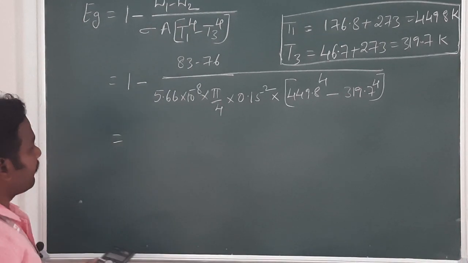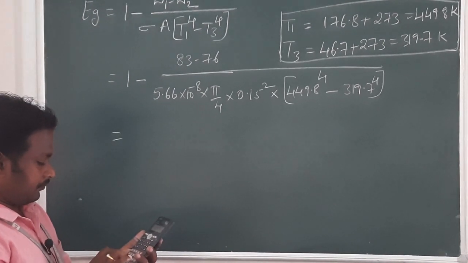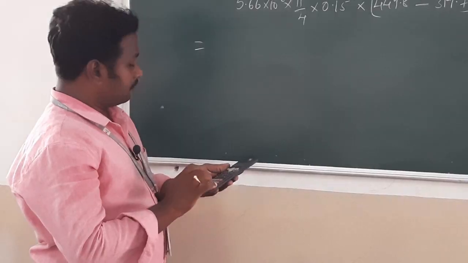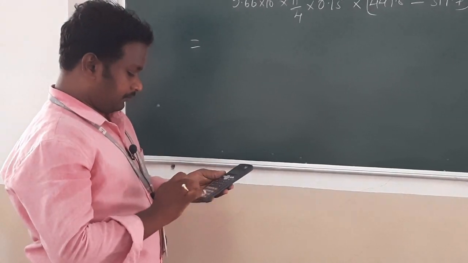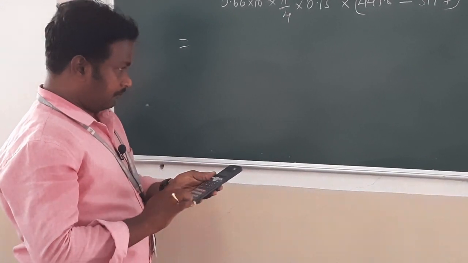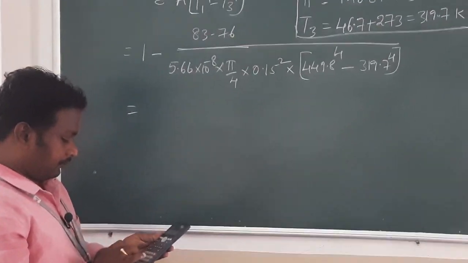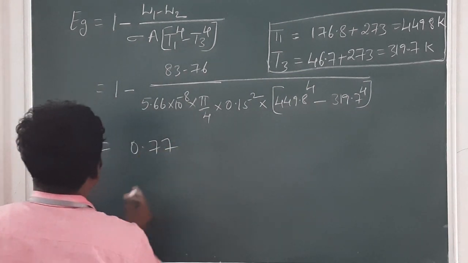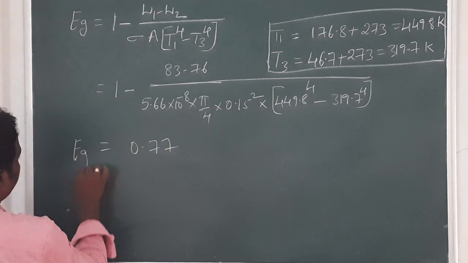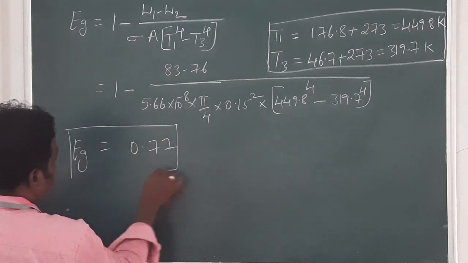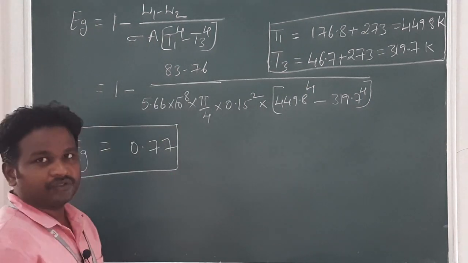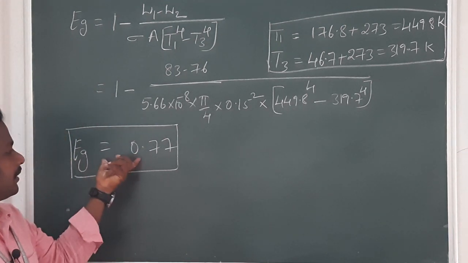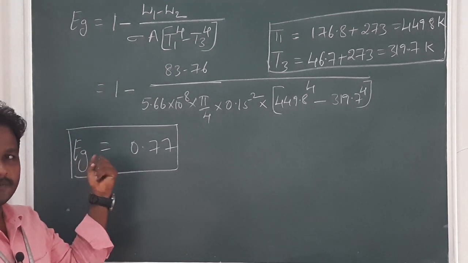Finally we will get 0.677 as the emissivity of the gray body, which is less than 1. So the value of the emissivity of the gray body is 0.77.